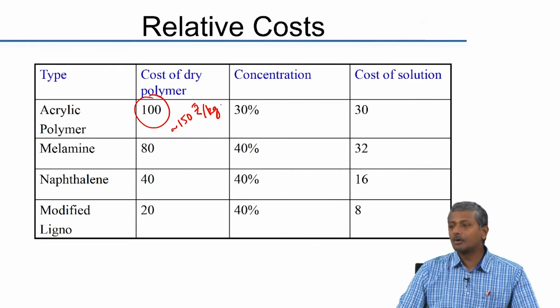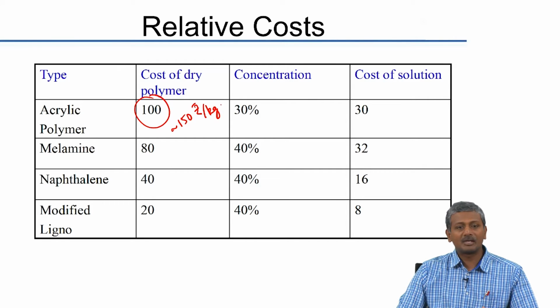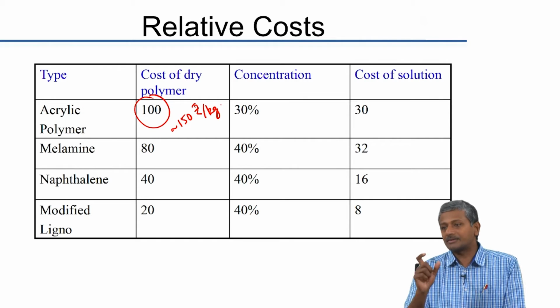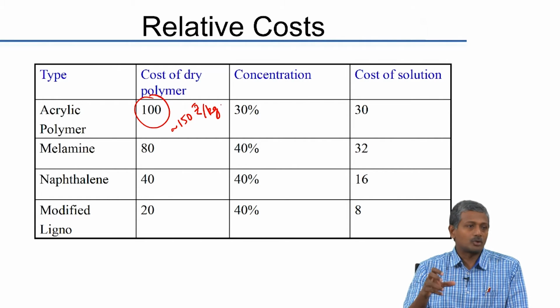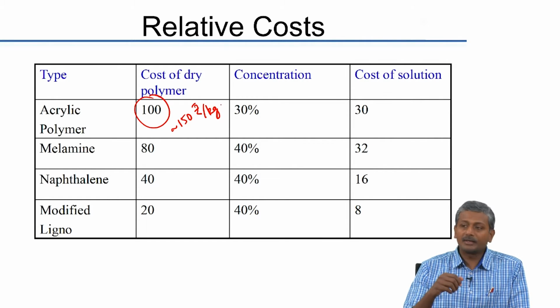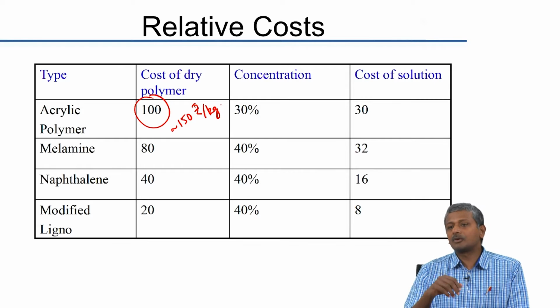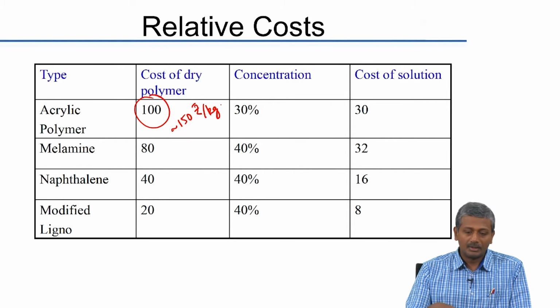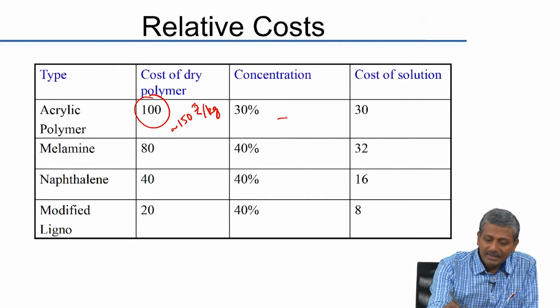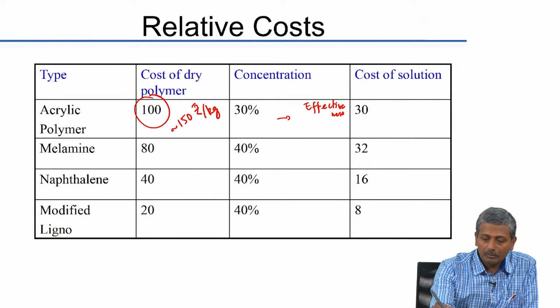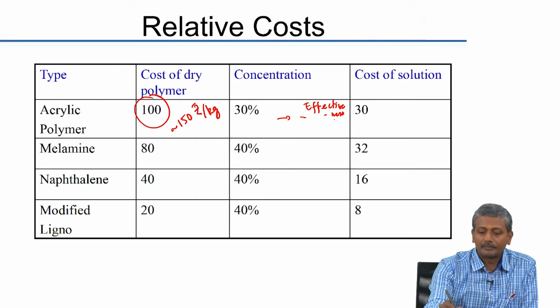So, typically acrylic copolymers or PCEs are available at 30% solids content. What do you mean by that? 30% of active solids dissolved in water, okay, whereas all the other plasticizers are available typically in around 40% solid concentrations. What is not given here is the effectiveness. So, let us put another column and mark it as effectiveness.